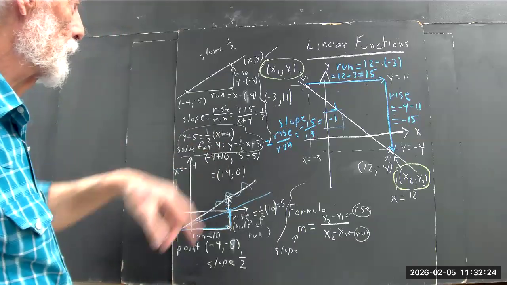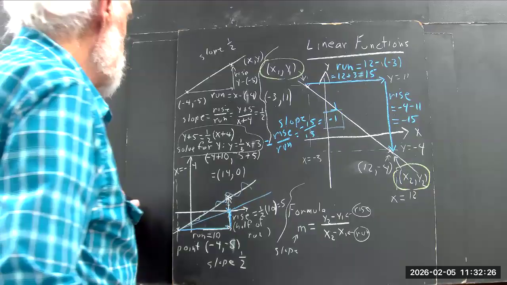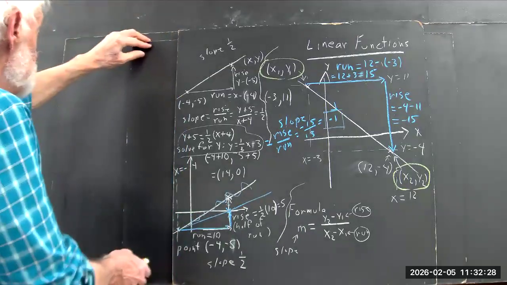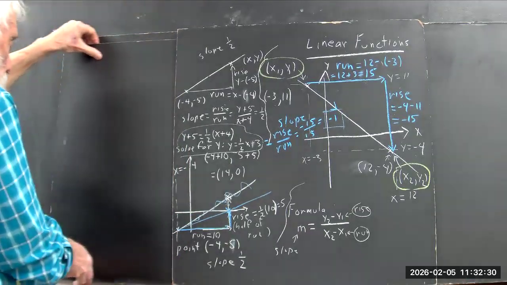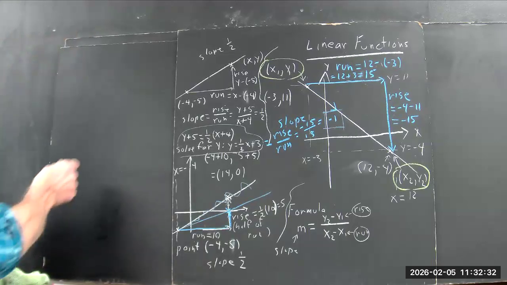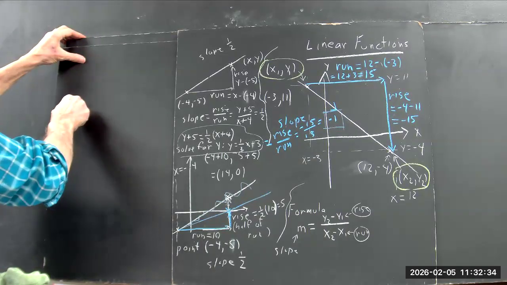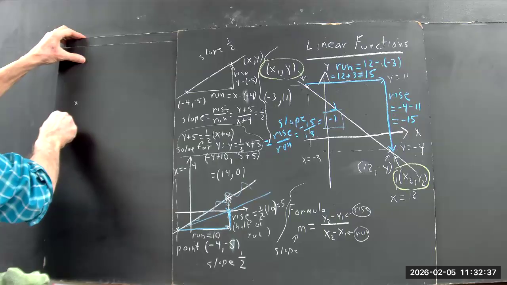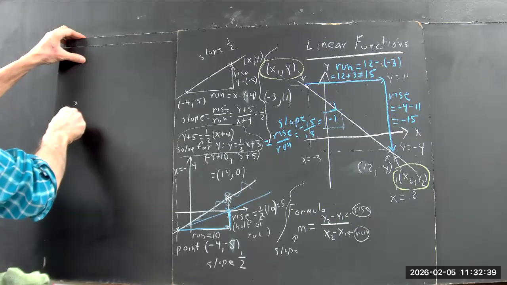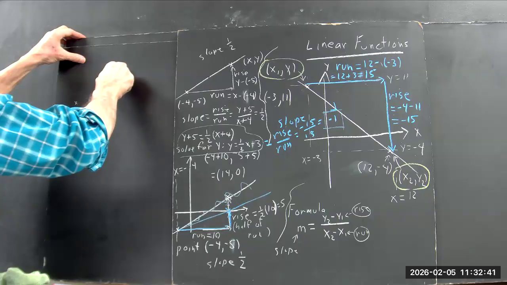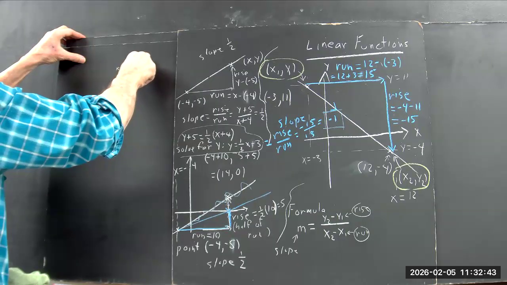What's the form of this equation? Let's do the same thing, except my first point is going to be (x1, y1). My second point is going to be (x, y).